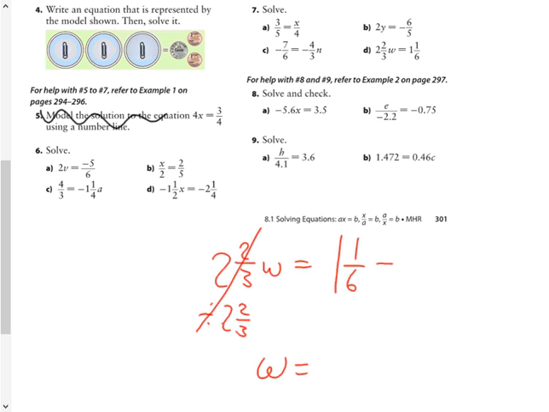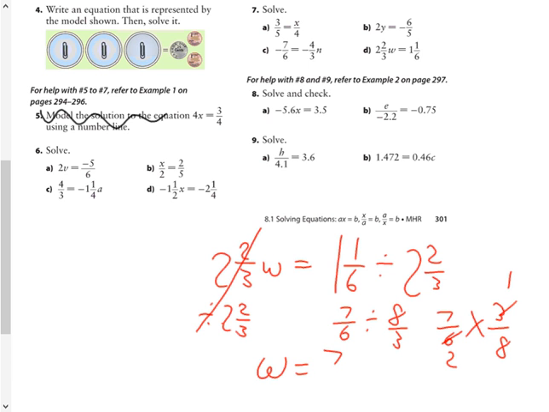I'm going to divide this side by 2 and 2/3. Since I'm dealing with mixed fractions, I'm going to change them to improper. And I never divide fractions. I'm always going to keep the first fraction, change to multiplication, and use the reciprocal. Cross reduce: 3 over 6 is going to become 1 over 2. Multiply your numerators, you get 7. Multiply your denominators, you get 16ths. w equals 7/16.